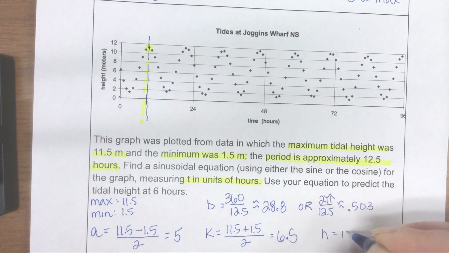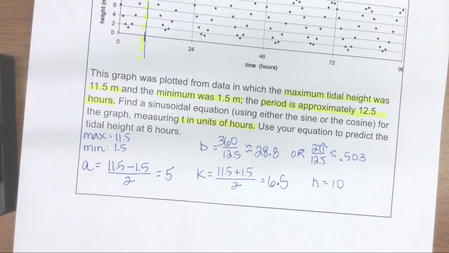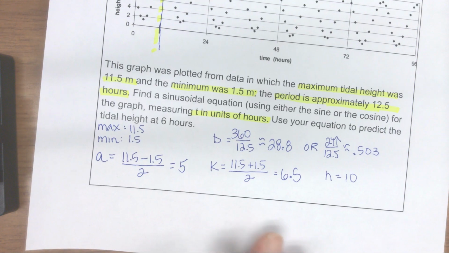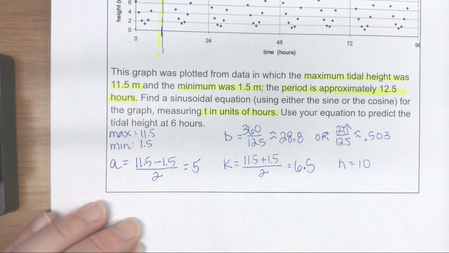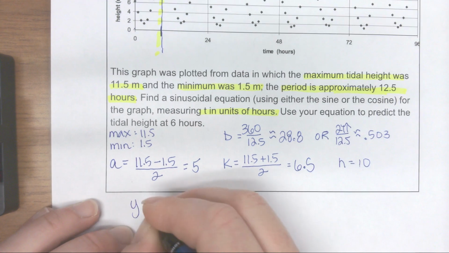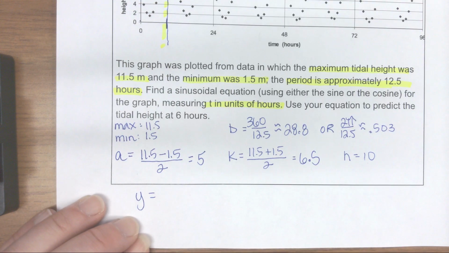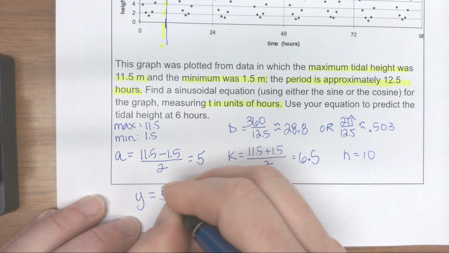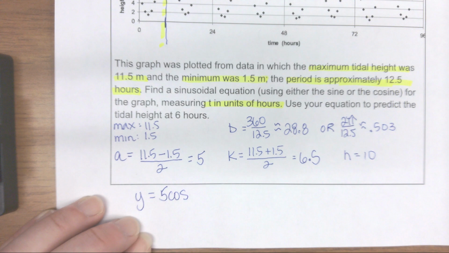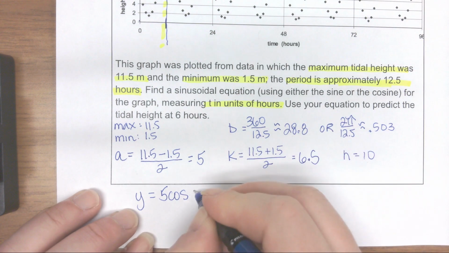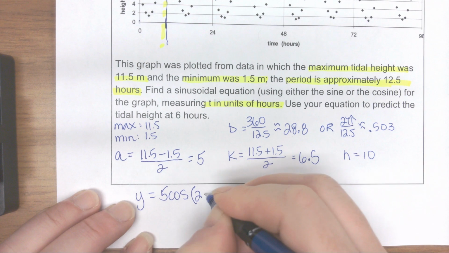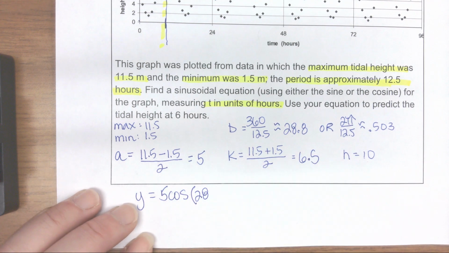And then we're going to use a cosine curve. Let's put it all together. So my equation then would be y equals a. For a, I got 5. Cosine. I'll use the 28.8 because what I'm going to do in a second is use my calculator.